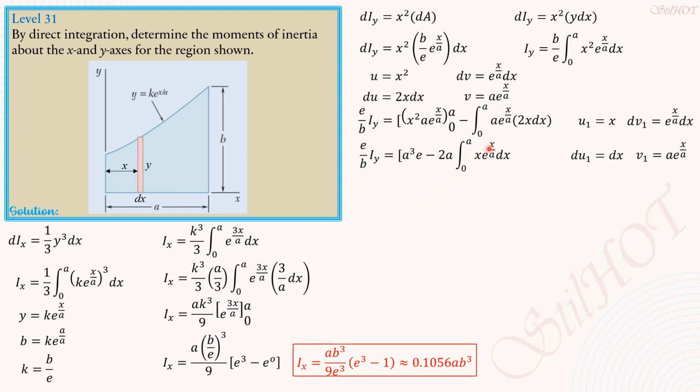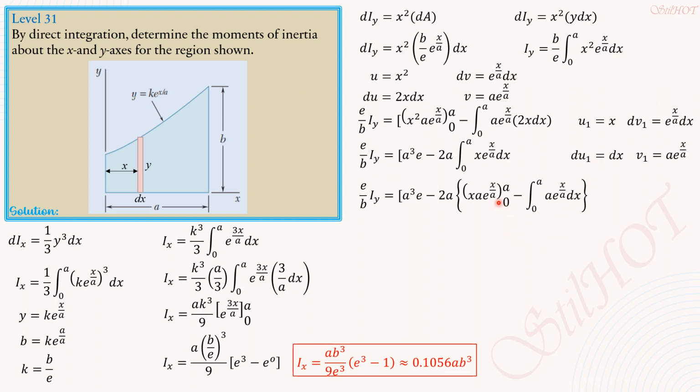So we expand this part, and it is equal to u1 v1 minus integral of v1 du1. So e over b Iy equals a cubed e minus 2a times x a e^(x/a) from 0 to a minus integral of a e^(x/a) dx.